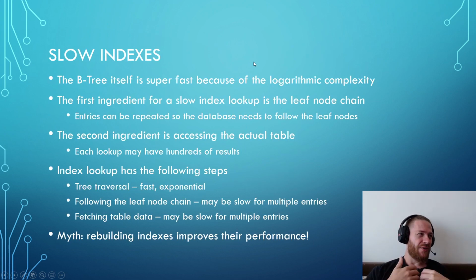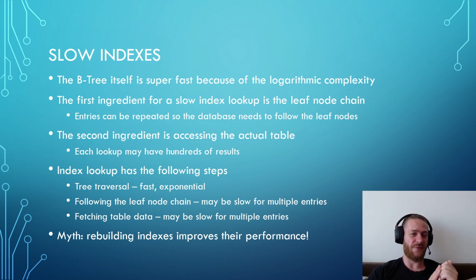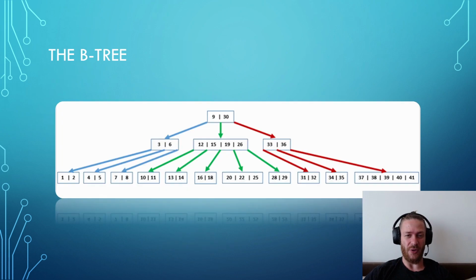So, considering all that knowledge about indexing and how indexing works and what data structures are behind the indexes, what may produce a slow index? First, let's consider the B tree. The B tree is super fast because it has logarithmic complexity. For millions of records, you may have 5 to 6 levels of child nodes.